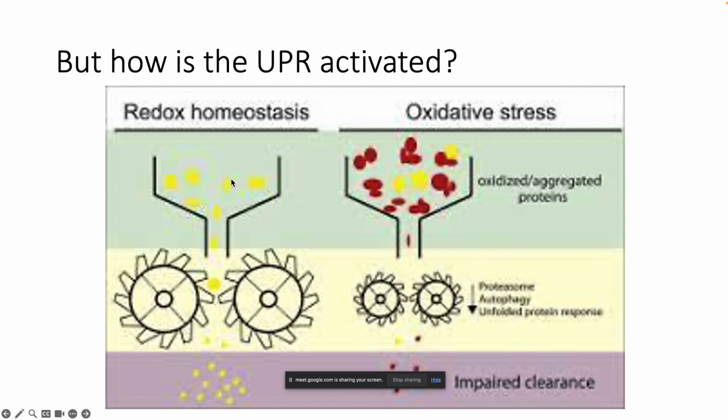So oxidized or aggregated proteins, there's not that many of them when redox homeostasis is normal, and so the proteasome, autophagy, and unfolded protein response can degrade those aggregated proteins no problem. But when oxidative stress is present, there's more oxidized or aggregated proteins, and on top of that, the proteasome, autophagy, and unfolded protein response is downregulated, which leads to impaired clearance of these aggregated proteins.